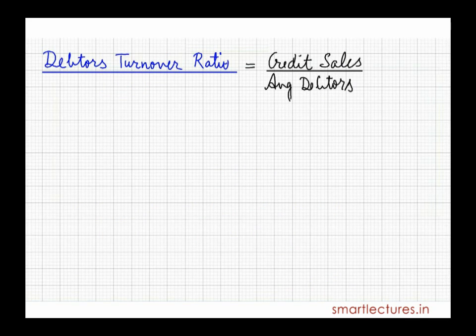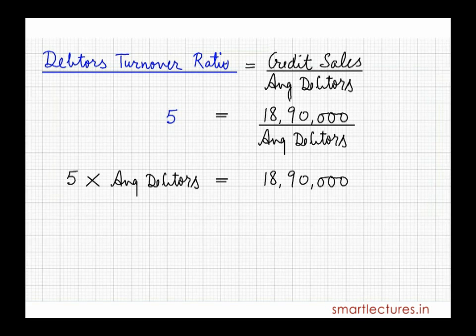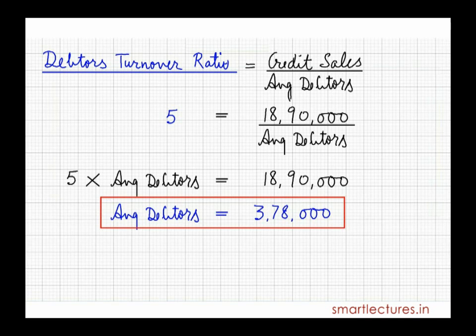Debtors turnover ratio is equal to credit sales upon average debtors. And debtors turnover ratio is 5 is to 18,90,000 upon average debtors, or 5 into average debtors is equal to 18,90,000 rupees. Or I can say average debtors is 3,78,000 rupees.